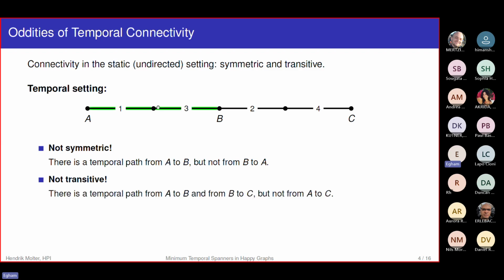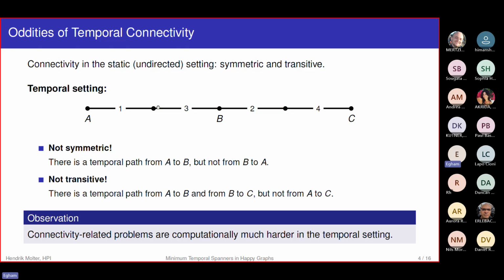Here you can see you can get from A to B, you can get from B to C, but you cannot get from A to C. As I already said, that seems to be one of the reasons many temporal graph problems related to connectivity are much harder than their static counterparts.